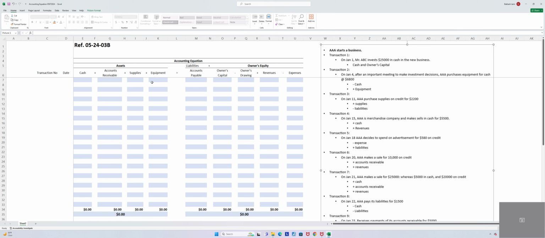Let me introduce you to the accounting equation. You remember I said the accounting equation is assets equals liabilities plus owner's equity.